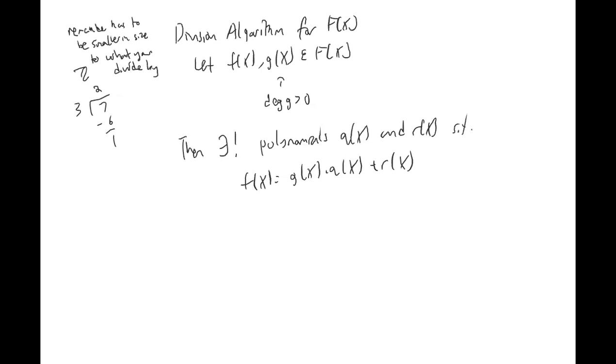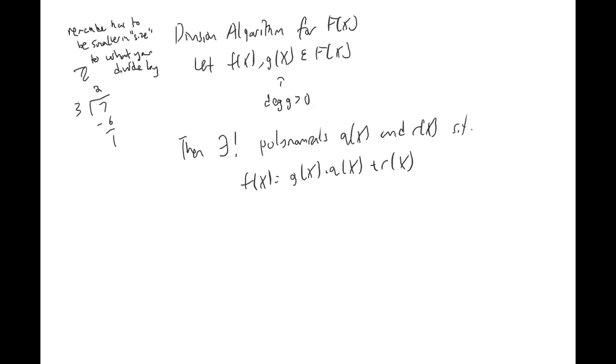Everyone agree with that? I'll put size in quotations because that's kind of an ambiguous word right now. So obviously your remainder has to be smaller than 3, in a sense. So over Z, what's the function that sort of measures size? Does anyone know? I'm 100% sure you know this.